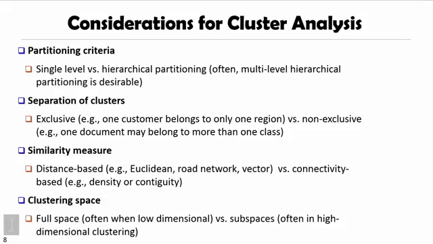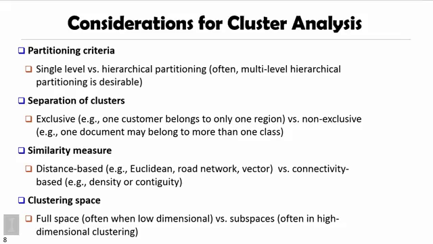The fourth one we are going to discuss is clustering space. That means whether we want to do full space clustering or subspace clustering. Full space means, especially in low dimension, for example, in 2D, two-dimensional space, in an area or a region, whether we want to find the clusters in those regions in the full 2D space, or only want to project onto the 1D subspace.